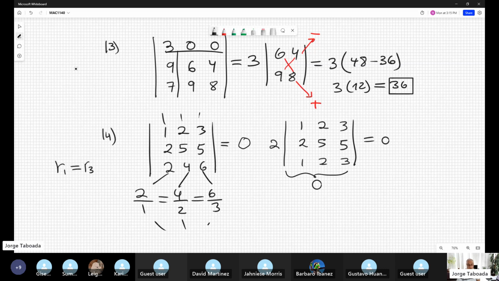Therefore, take out the common factor. So not necessarily equal rows or columns. If it is proportional, it is also 0. It's a fantastic property of the determinant. Any question, guys? Do you follow me? Sure. Okay.